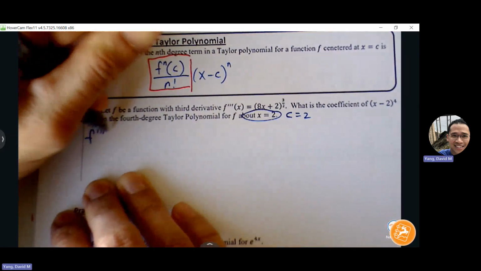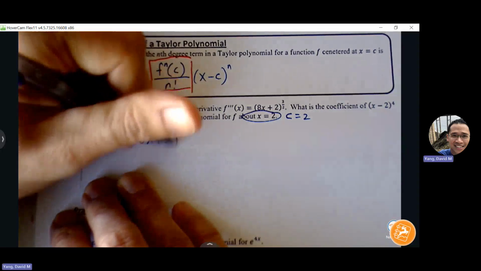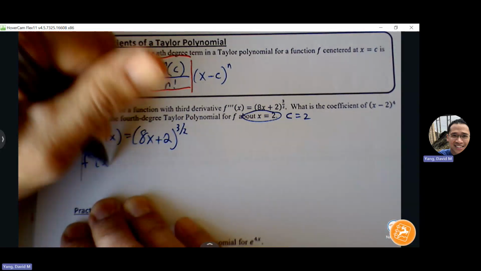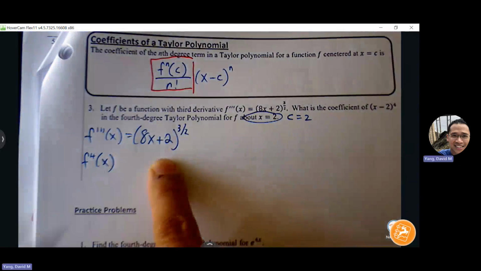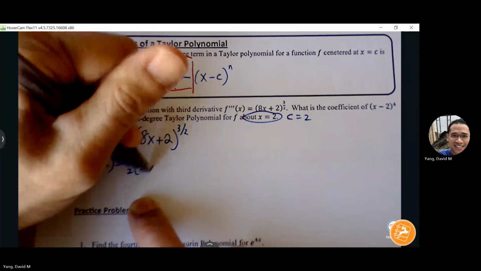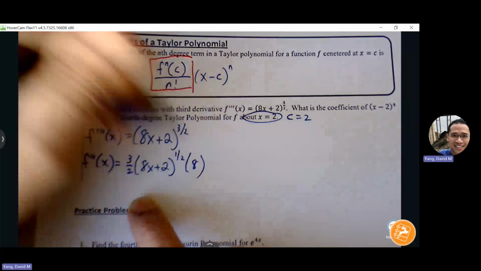So the third derivative is 8x plus 2 to the 3/2. And so for the fourth derivative, I can just rely on what? Chain rule, right? So chain rule: outside derivative times the inside derivative.